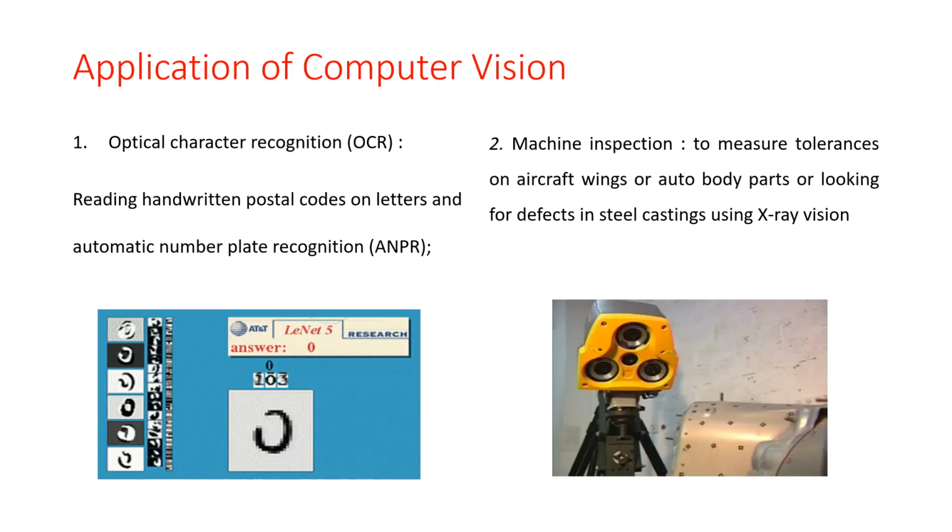The first is optical character recognition, that is OCR. This is used for reading handwritten postal codes on letters and for automatic number plate recognition, that is ANPR. The second application is machine inspection. This is rapid parts inspection for quality assurance, using stereo vision with specialized illumination to measure tolerances on aircraft wings or auto body parts, or looking for defects in steel castings using X-ray vision.